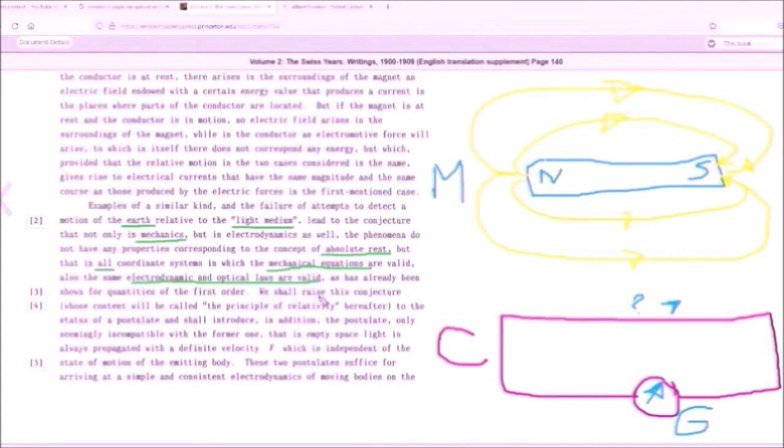We shall raise this conjecture, the conjecture that the laws of mechanics and the laws of electrodynamics have to be the same in all coordinate systems, which he is going to try to make the theory of general relativity, to assume that the space itself has to be curved.